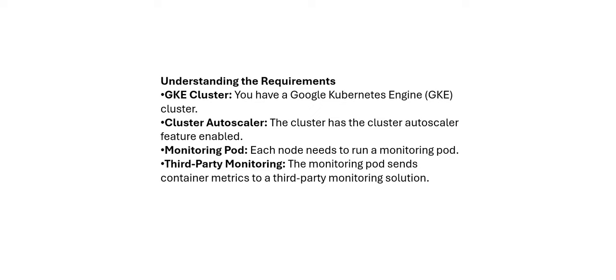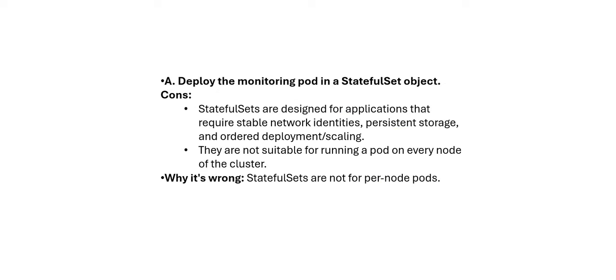So first, understand the key requirements. We are in the GKE space. Autoscaling is enabled. We are monitoring, and there is a third-party monitoring. We have to send the metrics there. A is telling, let's deploy the monitoring pod in a StatefulSet object.